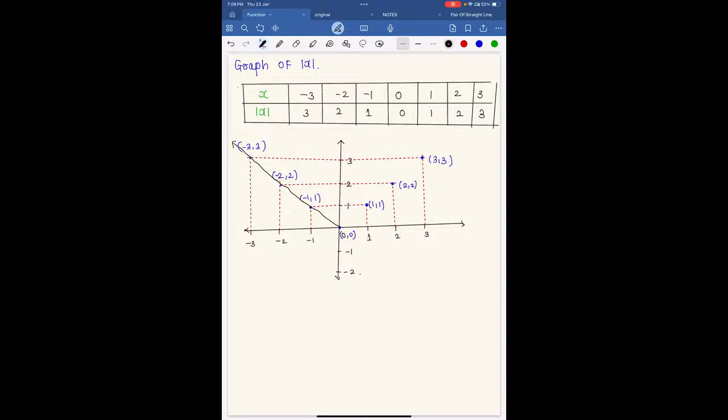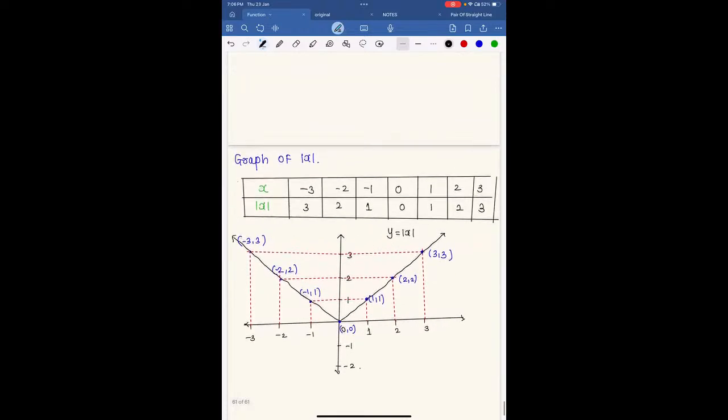Okay, and join this point. So this is the graph of y is equal to mod of x. Clear graph सगळ्यांना? Yes. Now we'll solve the question.